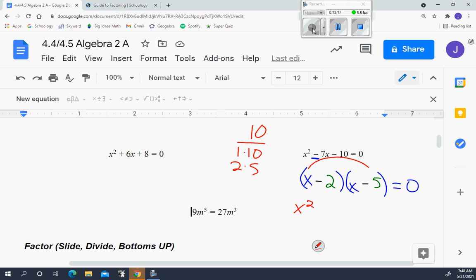X times negative 5 is negative 5x. Negative 2 times x is negative 2x. But what's negative 2 times negative 5? It's a positive 10. So I get x squared minus 7x plus 10.